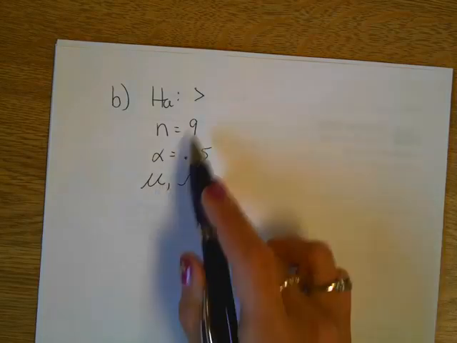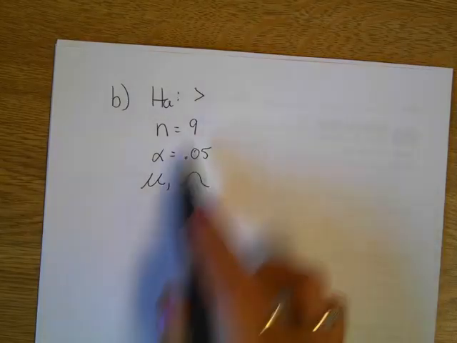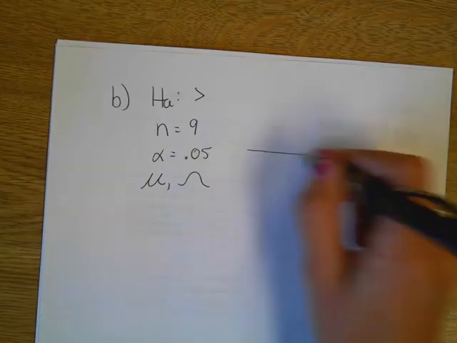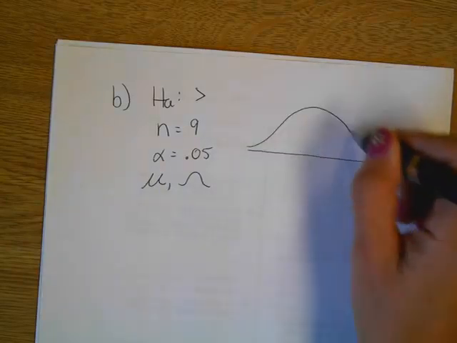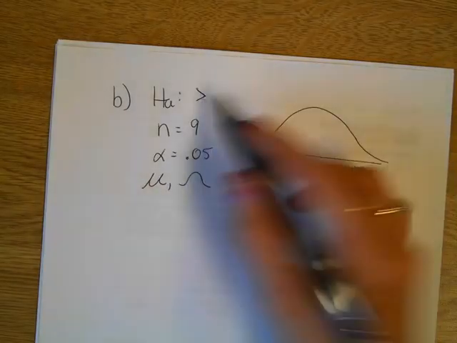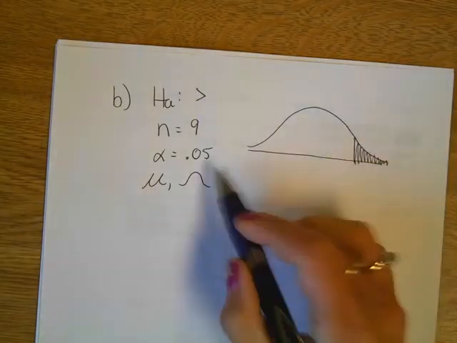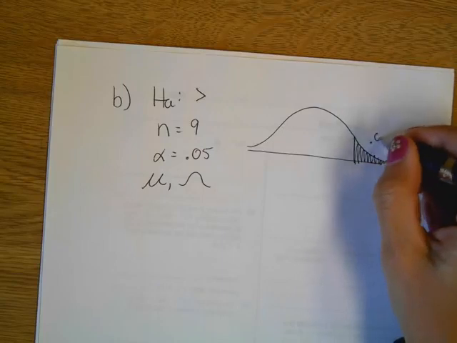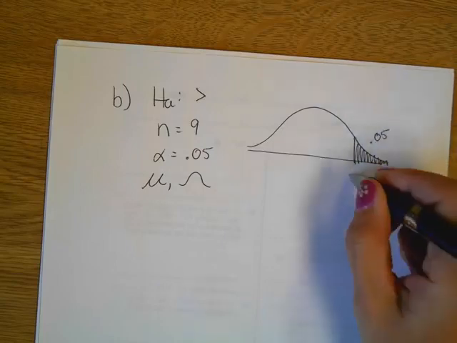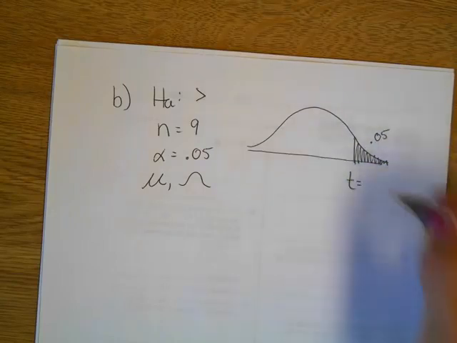So the mean, small sample, normal, those three things together tell us we're using the t-table. Greater than 5%, and we're looking for this critical t.